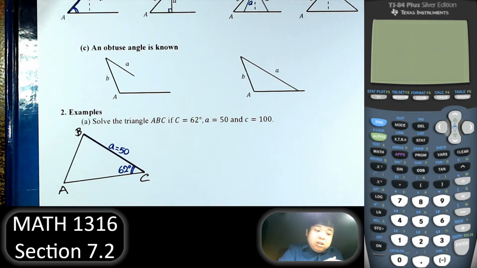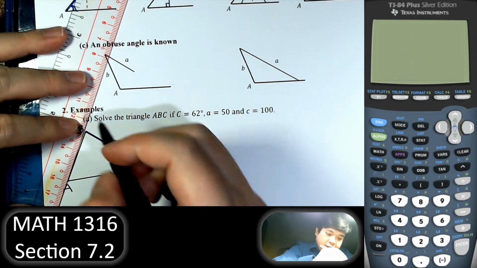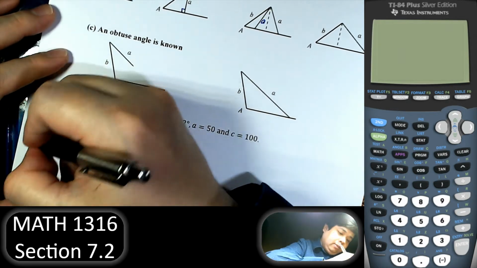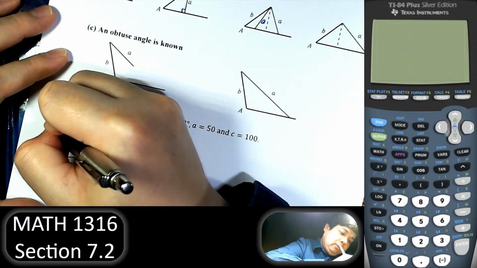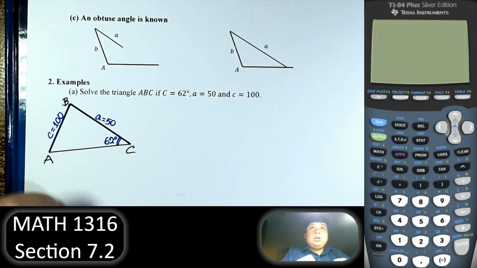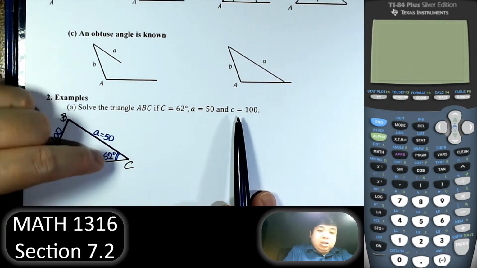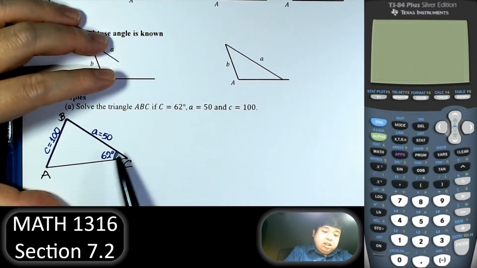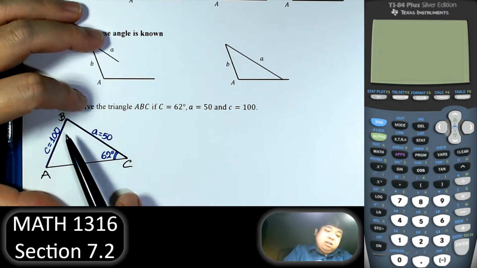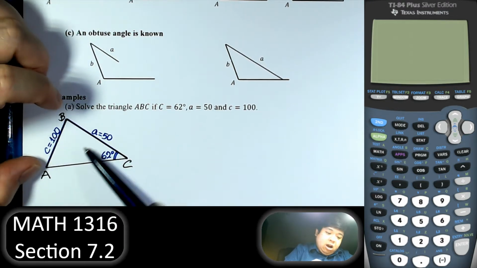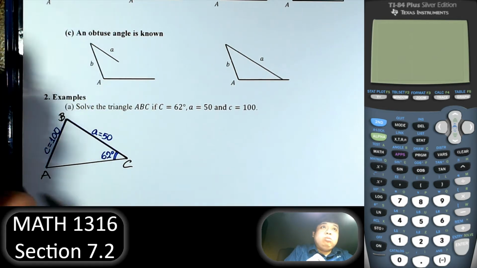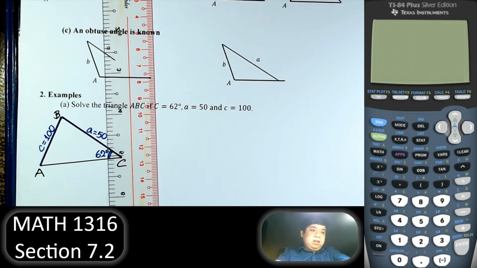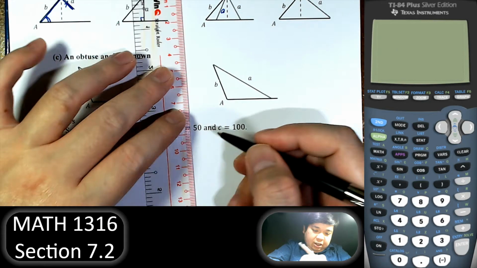And side c, which is opposite angle C, is 100. Now let's put the information in the triangle.